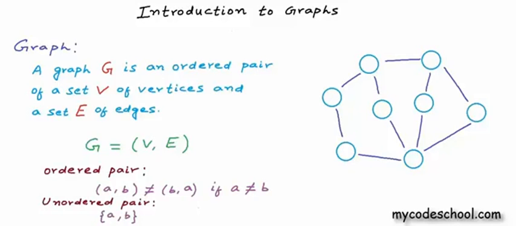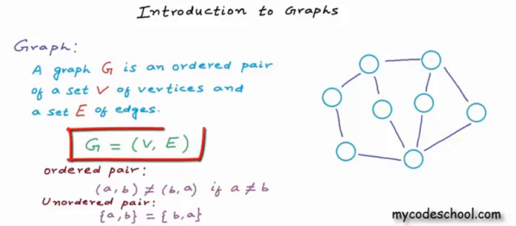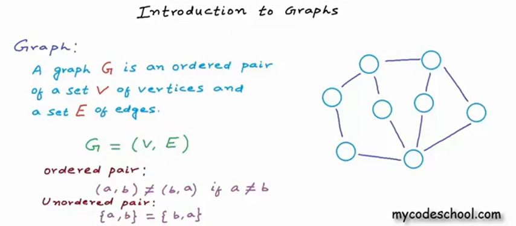Because the order is not important here, unordered pair {A, B} is equal to {B, A}. It doesn't matter which object is first and which object is second. Okay, coming back. So a graph is an ordered pair of a set of vertices and a set of edges, and G = (V, E) is a formal mathematical notation that we use to define a graph.